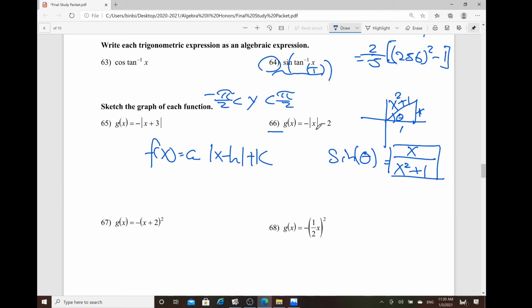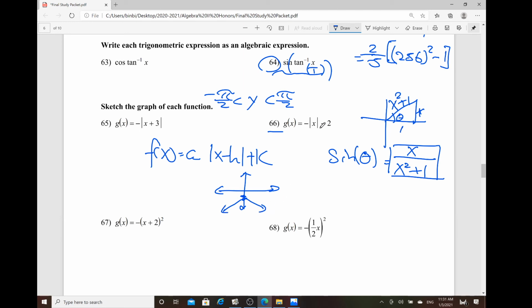The value of h is not given, so that means it's 0. So the vertex is 0, negative 2. But don't forget about the negative sign right outside the whole function. This is a reflection over the x-axis, so the V-shaped curve is facing downward.